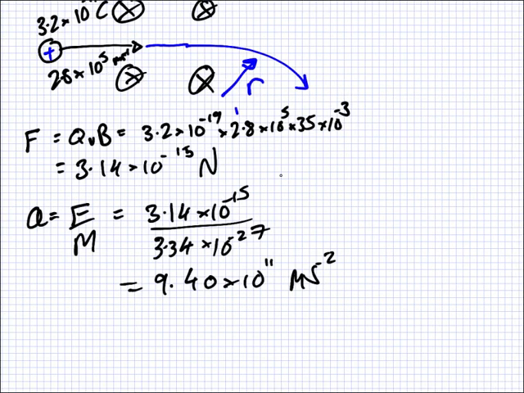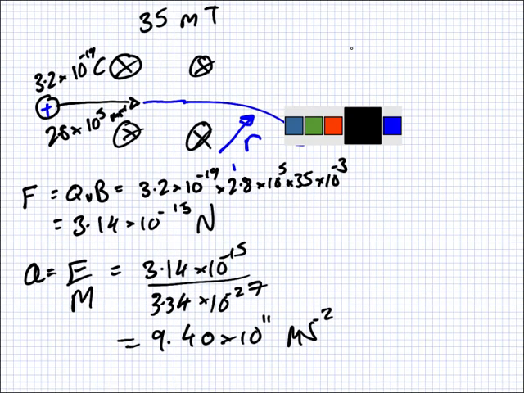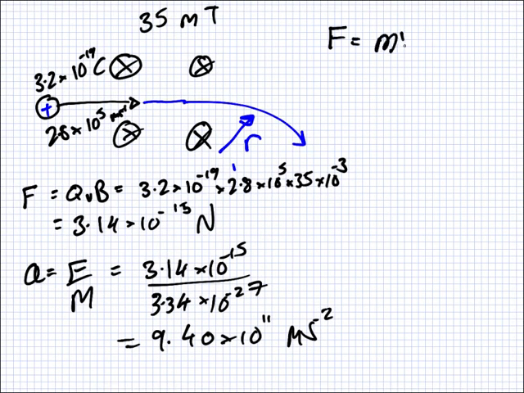So, anyways, it's not so difficult because you can say F equals M omega squared R, isn't it? So mv squared over R, that's that. You can also say F equals QVB.